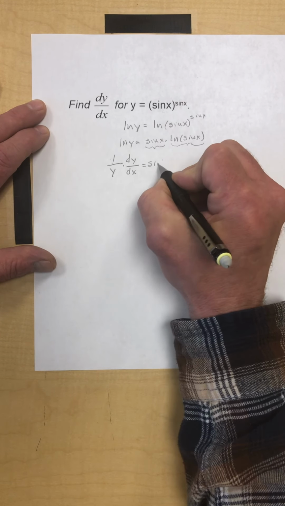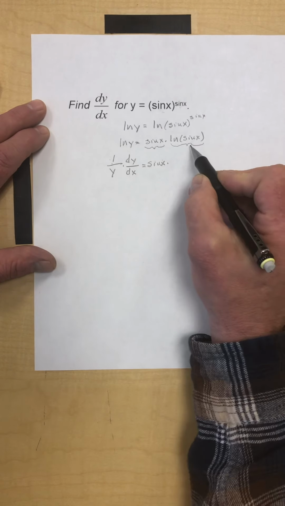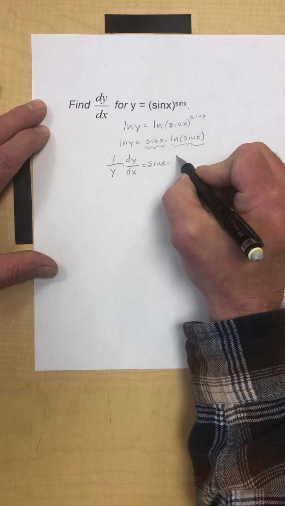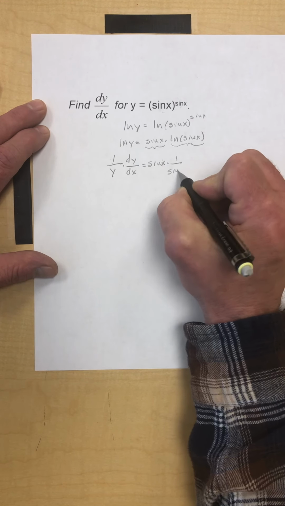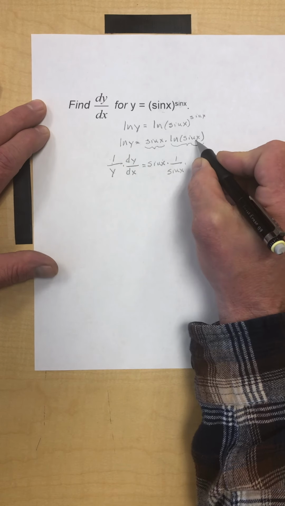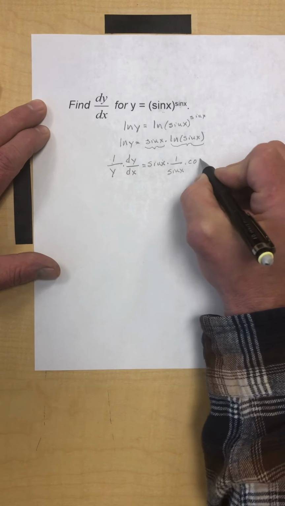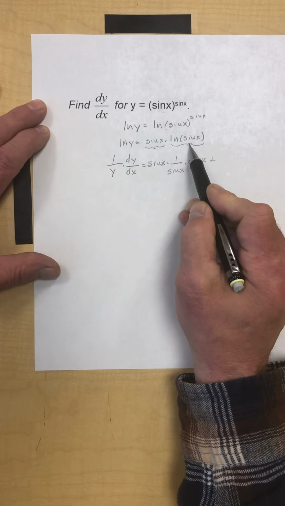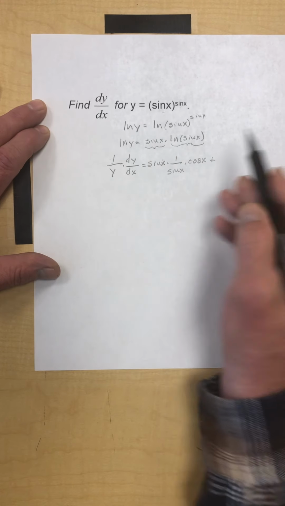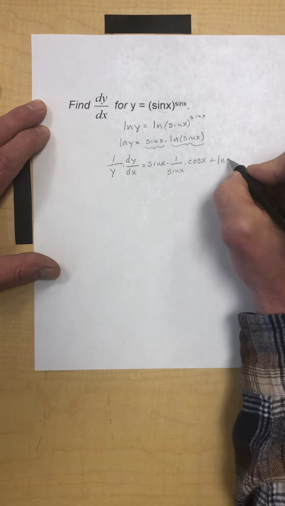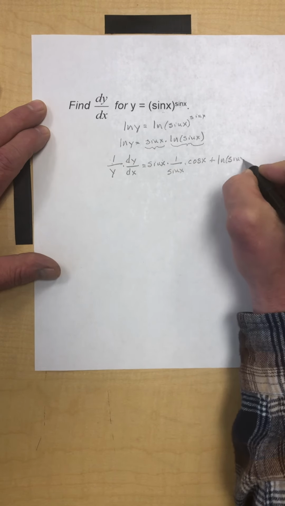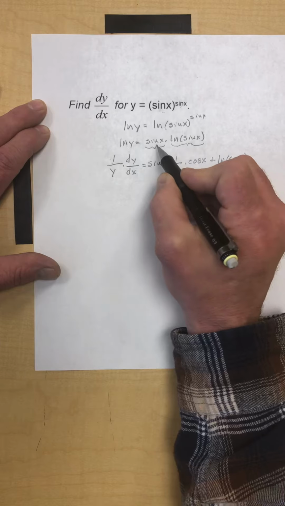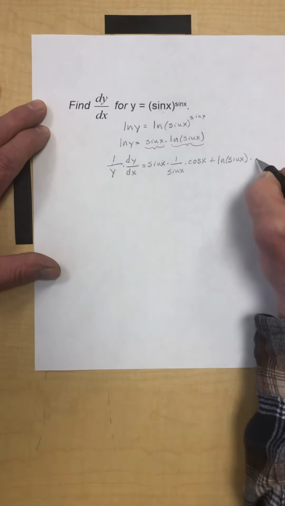So that would be sine of x times the derivative of the natural log of sine of x, which would be 1 over sine of x times the derivative of the sine of x, which is cosine of x, plus, now we take the second times the derivative of the first, so we have the natural log of the sine of x times the derivative of the first, and the derivative of the sine of x is cosine of x.